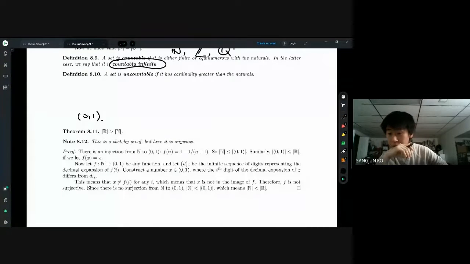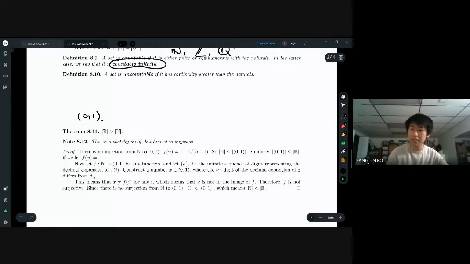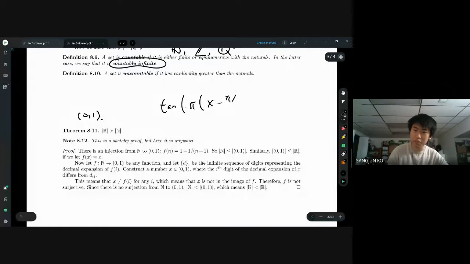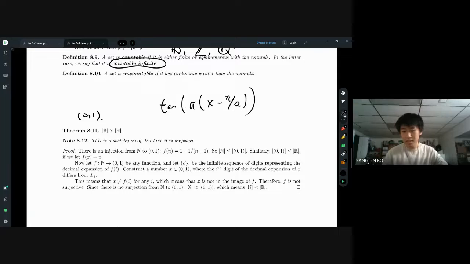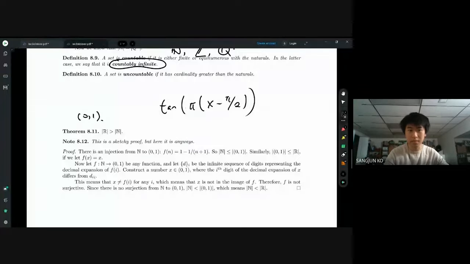You could probably manipulate tangent. Yep, that's exactly what I'm thinking of. My favorite bijection between (0, 1) and R, I think, is tangent of pi times x minus pi over 2, or something. I think this does the trick. Does this do the trick?